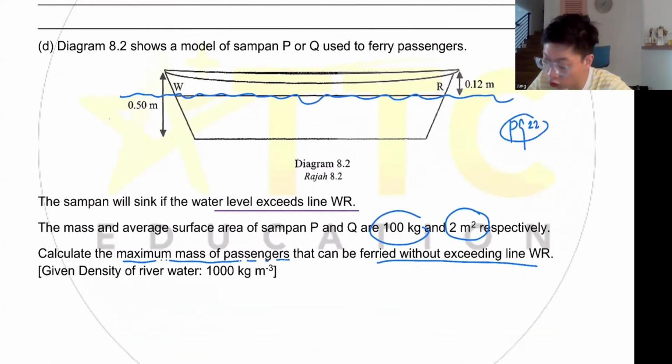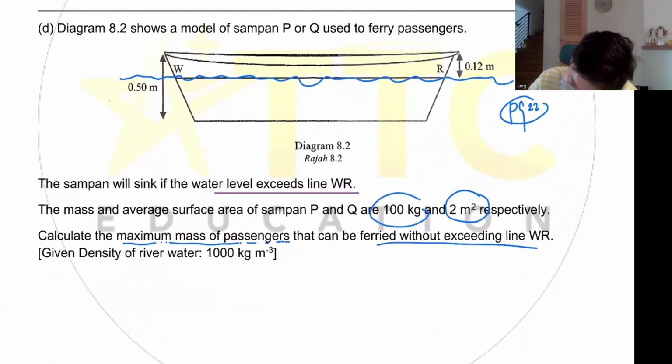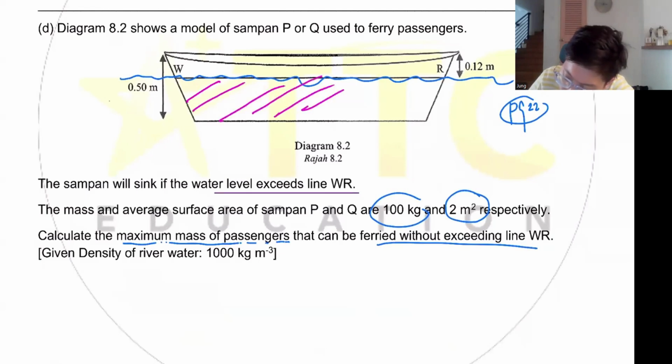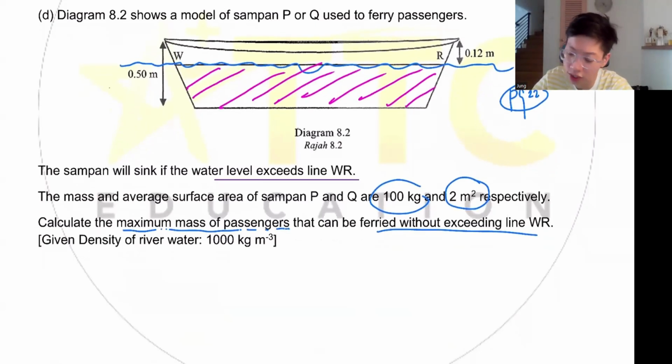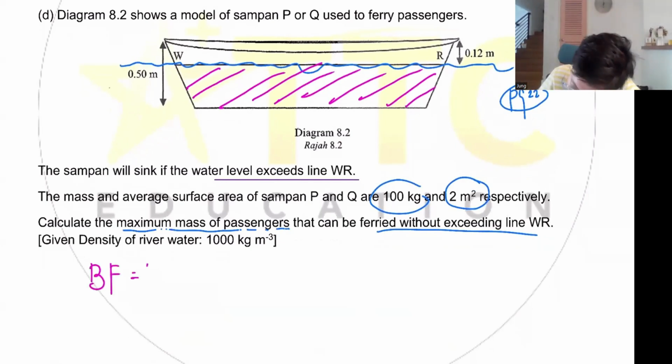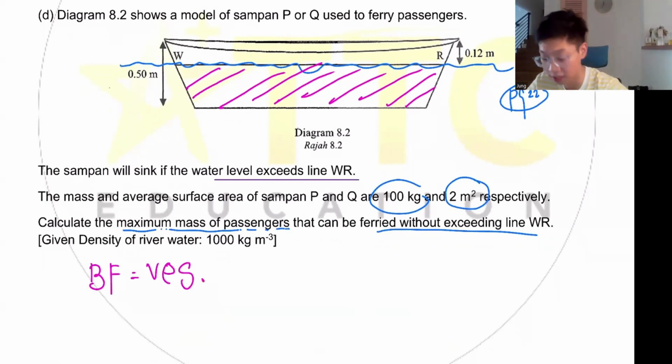While you look at this calculation, guys, we want to find out if this thing is completely, fully inside the water. Never mind, you just look at this one first. If you are fully inside the water, how much buoyant force can you produce first?